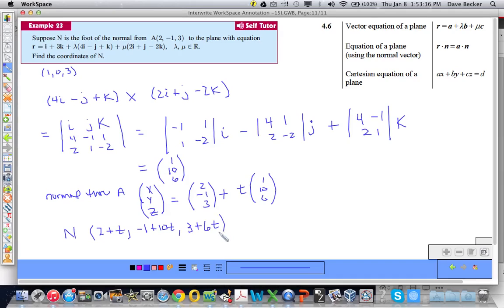All right, so now we're finally getting somewhere. We also know that n lies in the plane, so each of these parametrics must be equal to the vector equation of this plane, because it's in the plane, so this must be true.